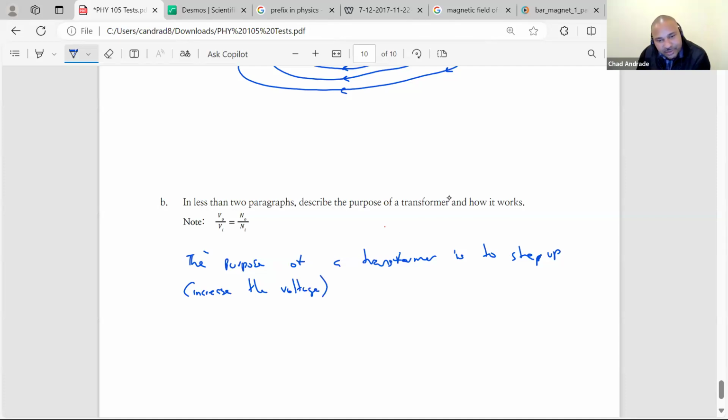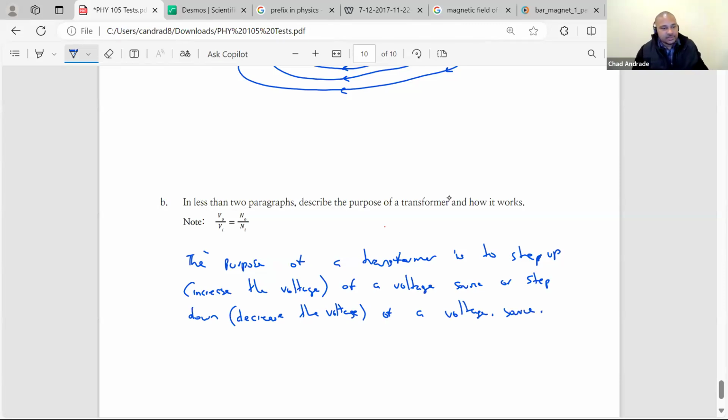So step up or increase the voltage of a voltage source, or step down. I'm going to say decrease the voltage of a voltage source. What transformers do is it increases the voltage or decreases it.